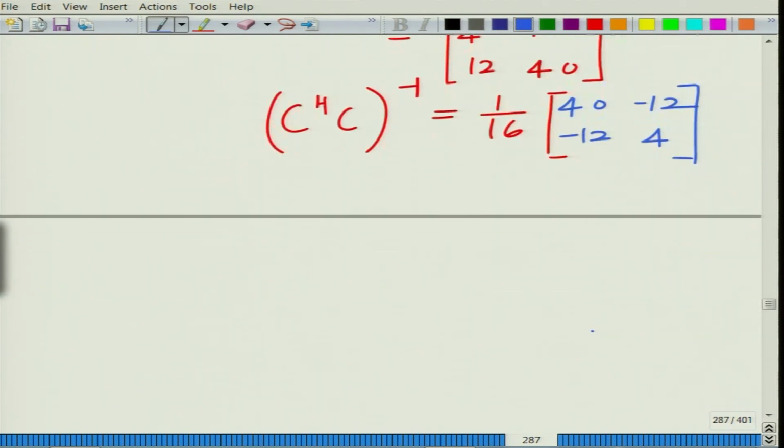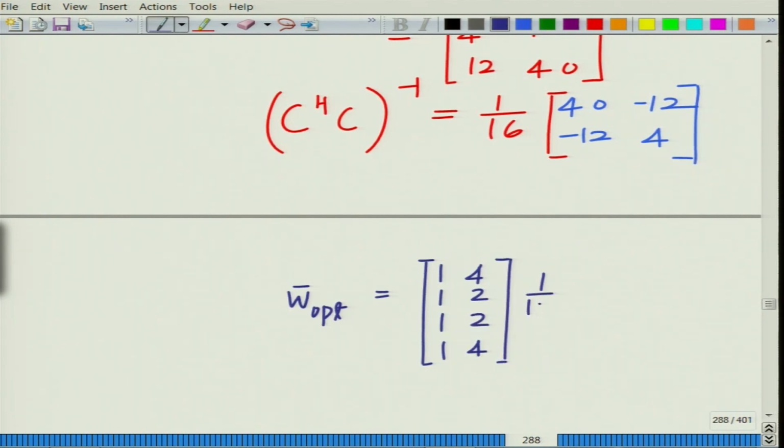This is C Hermitian C inverse, and therefore W bar optimal is equal to C, which is your matrix 1 1 1 1 4 2 2 4, times 1 over 16 times 40 minus 12 minus 12 4, times the vector 1 comma 0.